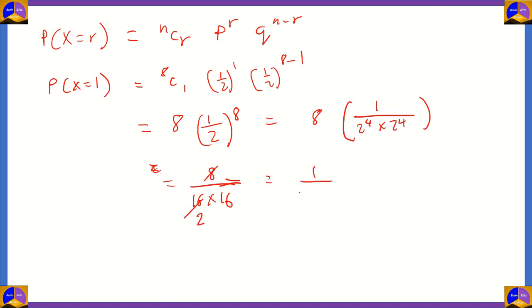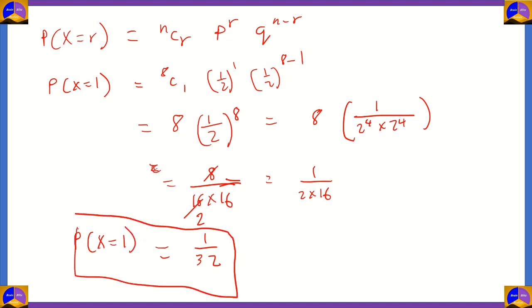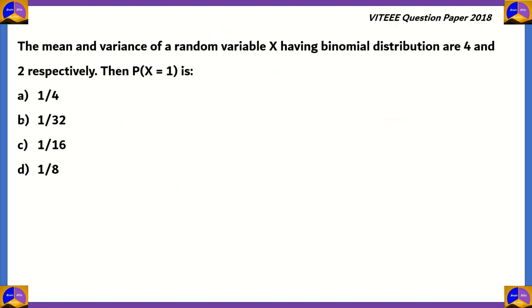So therefore, 1 by 2 times 16, which is equal to 1 by 32, is the answer for the probability of x equals 1. So therefore, 1 by 32 is the correct answer. Therefore, option B is the correct option for this question asked in 2018.